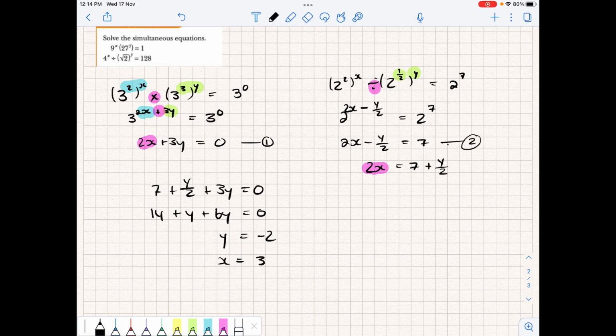So a great look at how we can solve simultaneous exponential equations by first looking at each equation separately, making the bases the same to then create an equation from the exponents.